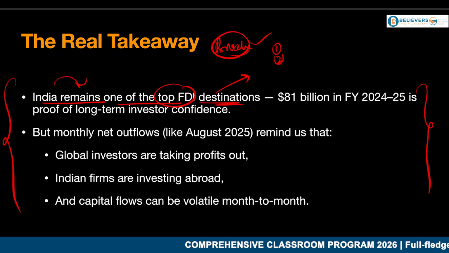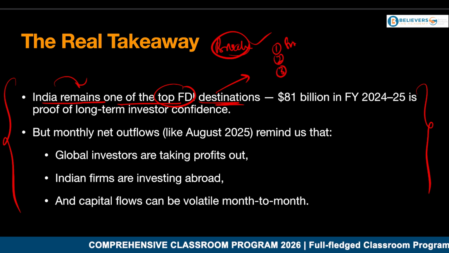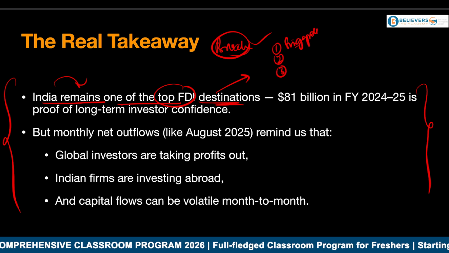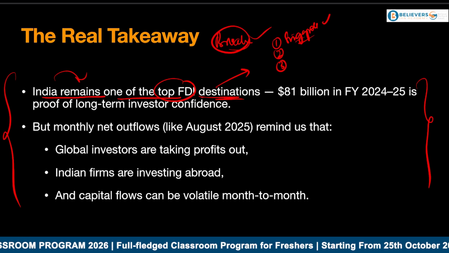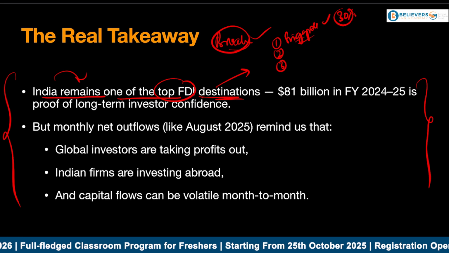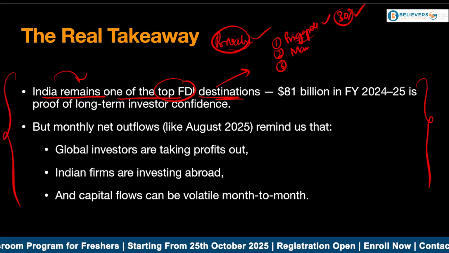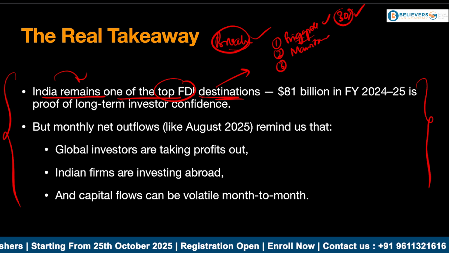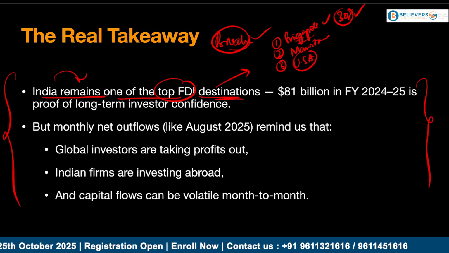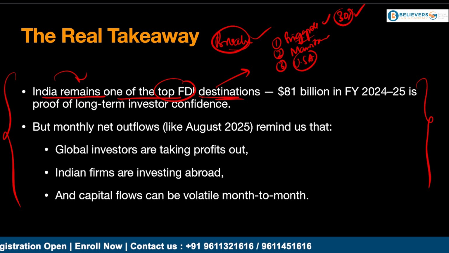In terms of the FDI that we are receiving, Singapore stands at number one, from where we have received more than 30% of FDI, followed by Mauritius, and then the USA, right?